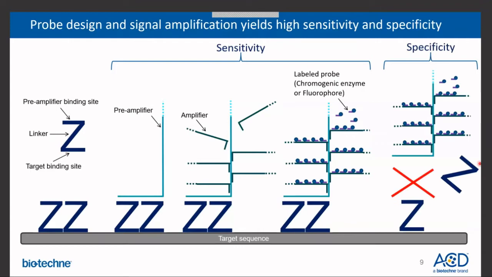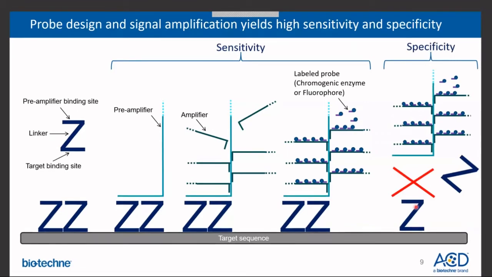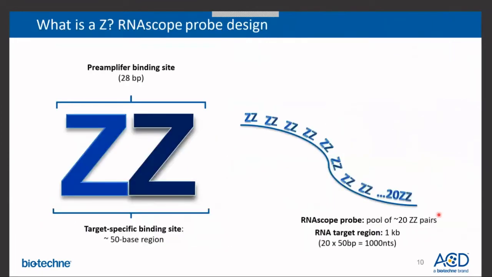Now, there's background subtraction built into this assay, wherein unless both Zs of a pair bind exactly adjacent to each other, you won't be able to amplify any signal, because just one Z binding isn't stable enough to hold on to this amplification tree structure, so it will just get washed away. So no amplification from off-target binding occurs.